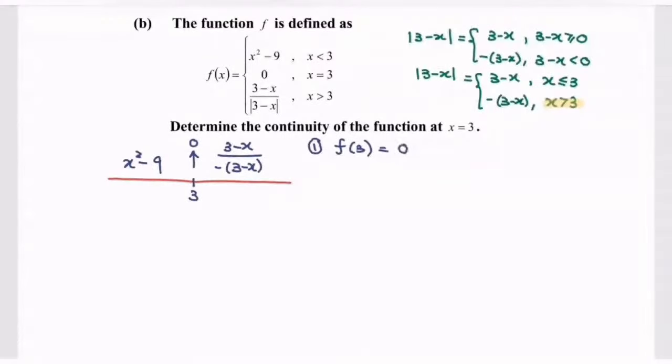Second step, does the limit exist when x equals to 3? So limit when x approaches 3 from the left, and the function would be x squared minus 9.